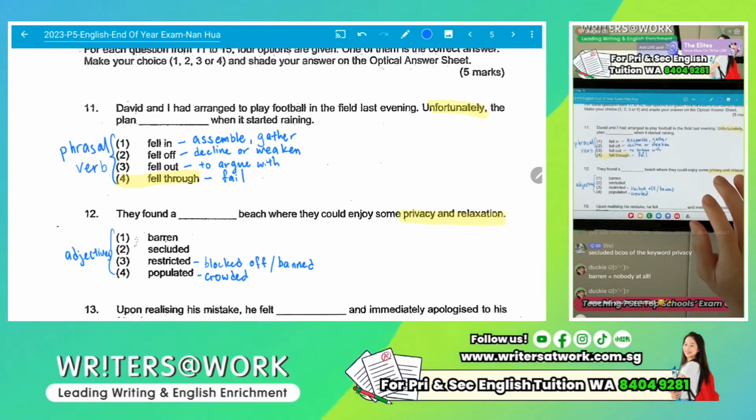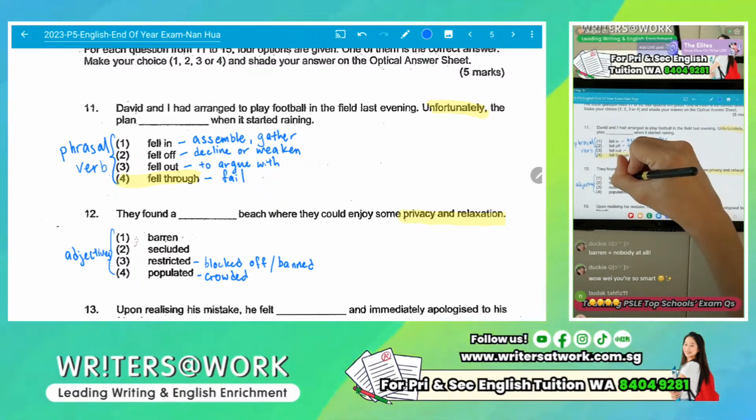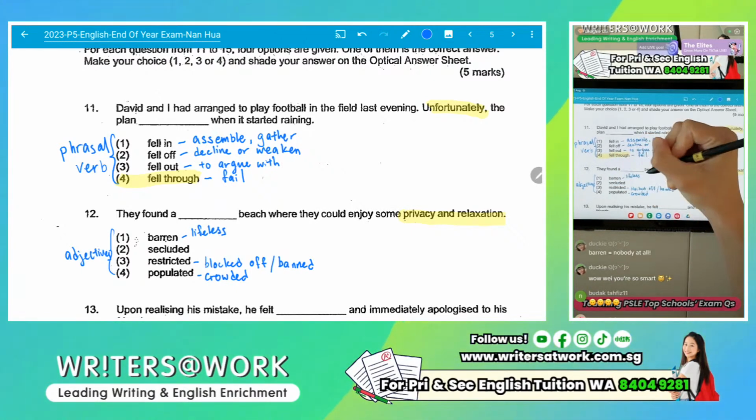We have now come down to the two answers over here, barren and secluded. Barren and secluded both have similar shades of meaning. Barren is used to refer to places that are lifeless. It is used to describe, for example, farmlands, right? Fields that are barren without a single plant in sight, a barren field or barren grassland.